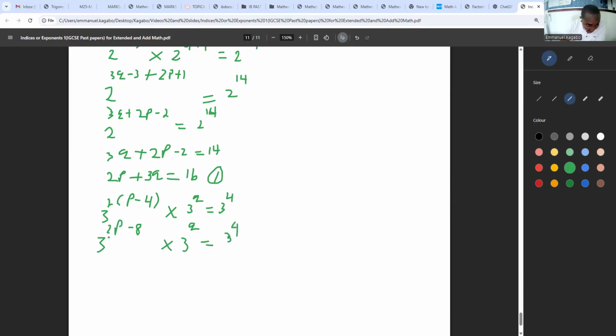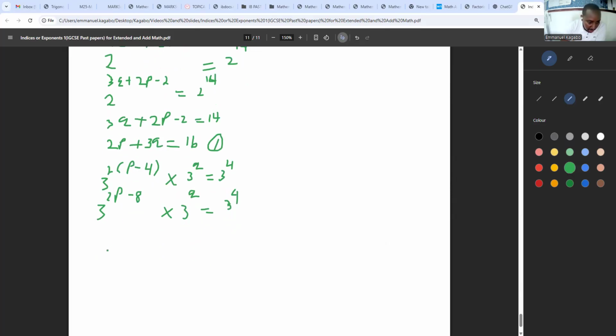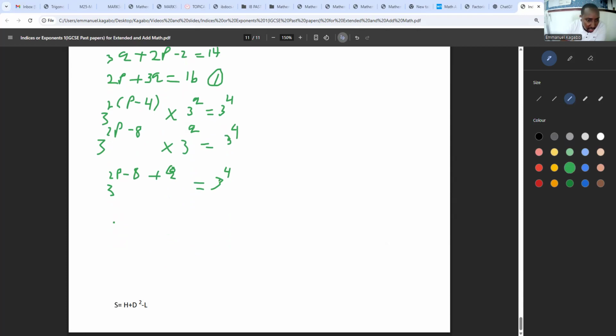Now, if you're multiplying, you add the powers, okay? If you're multiplying and the bases are the same, you add the powers. So it's going to be 3 power 2p minus 8 plus q equals to 3 power 4. So what do I get here now? If bases are the same, powers are going to be the same. So this is 2p minus 8 plus q equals to 4.